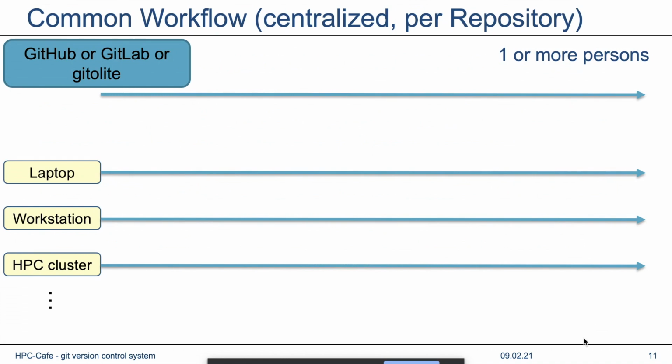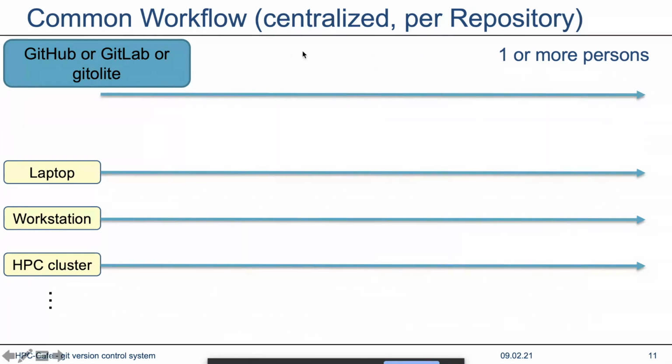In most cases nowadays, you use Git with some software-as-a-service platform, or you may have a Gitolite. I have some information on that. That's a Git server you can easily deploy yourself, where the repository is stored, and all the workers will sync with this central instance, so with this server.